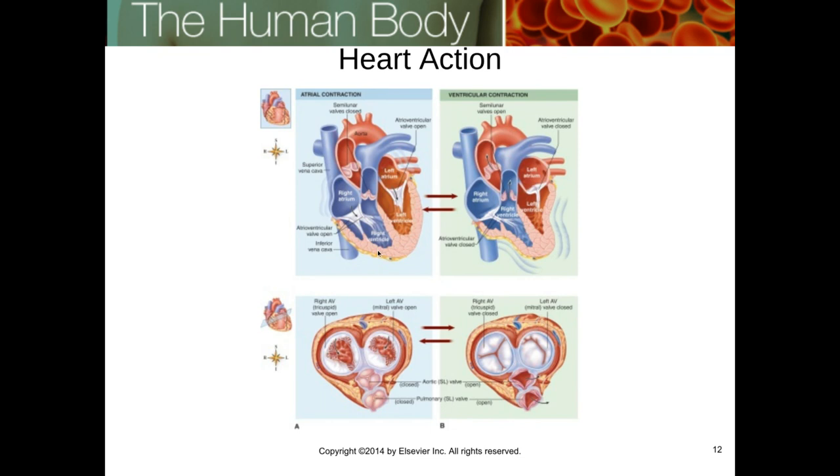Cool thing about our heart, since we're right here and we have all these valves we can look at in advance, your heart has valves in it called backflow valves that prevent, when the ventricle is squeezing here, blood from being pushed back up into the atrium.